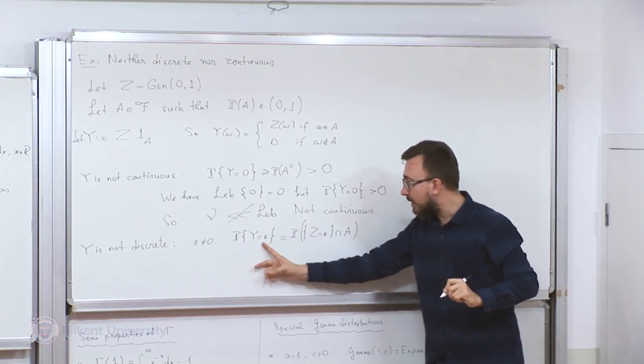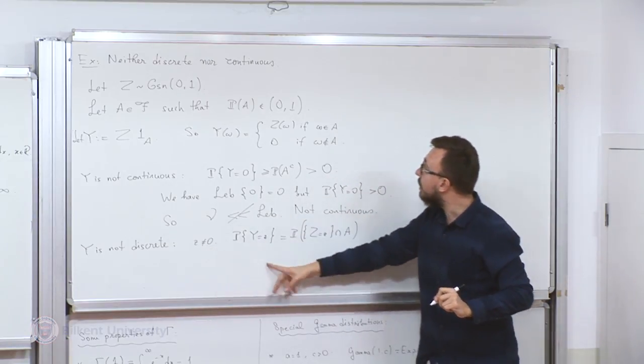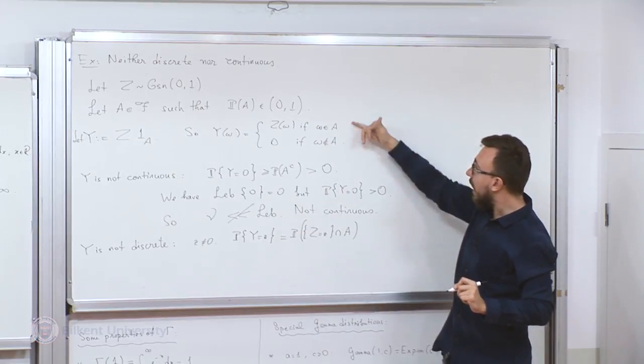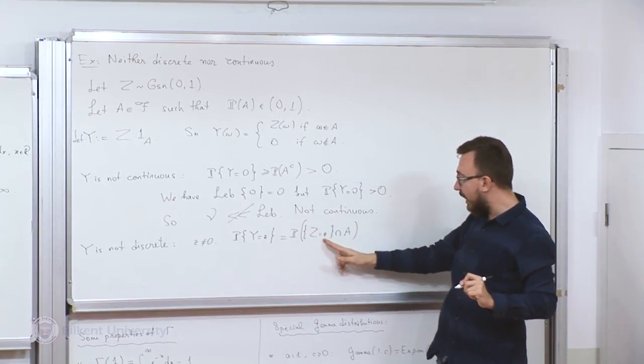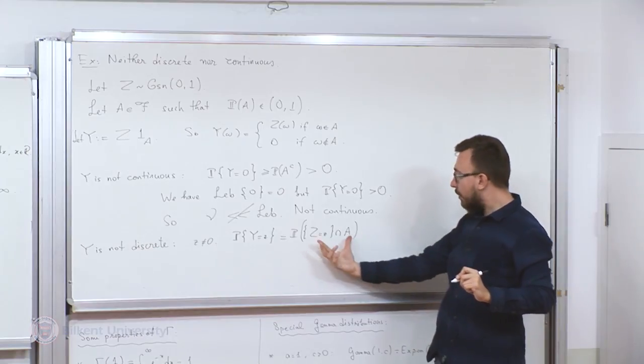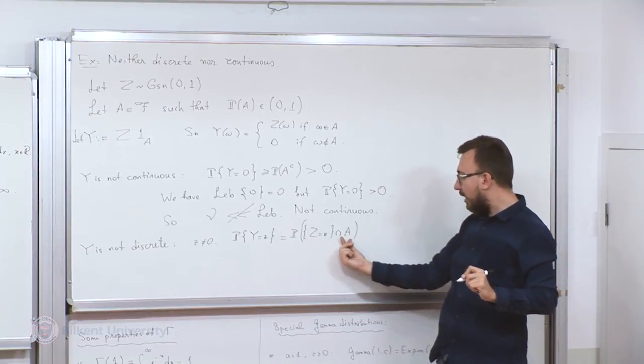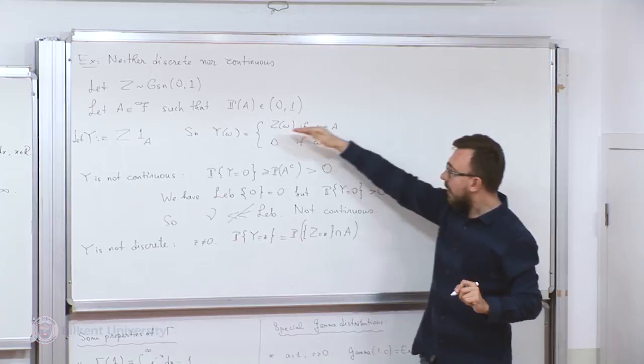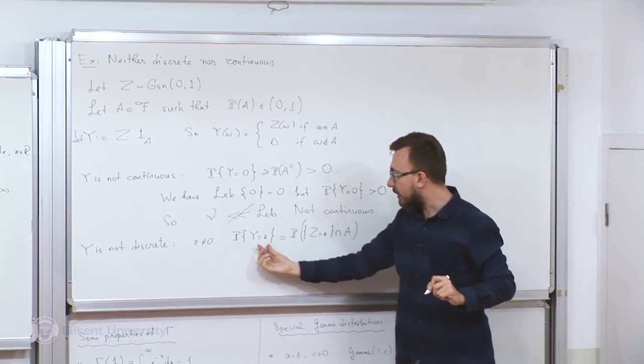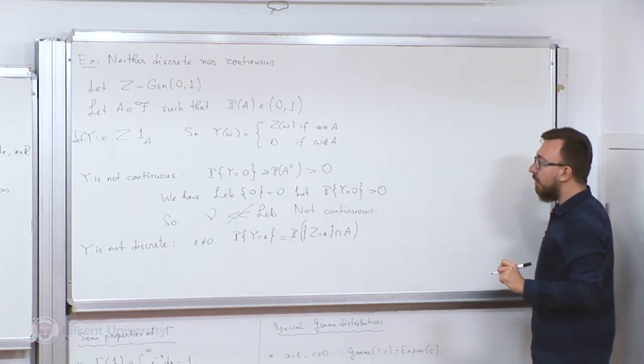If Y equals little z, and z is non-zero, this means we must be in the set A, and Z must take this value little z. Conversely, if Z is equal to little z and we are in A, then Y of omega equals little z. So this is if and only if.